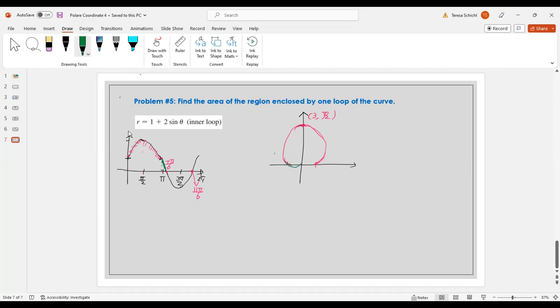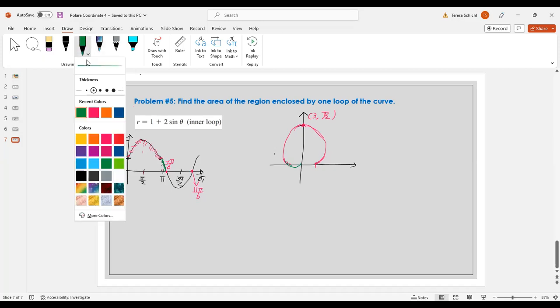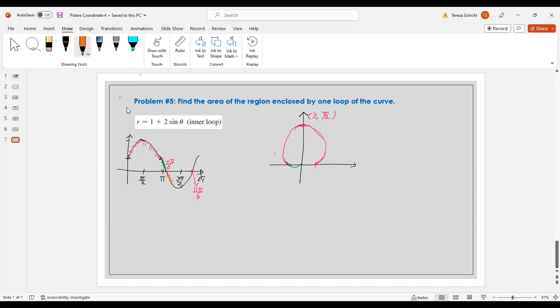Now start from here, after 7π/6. Look here: after 7π/6, I start getting negative numbers.